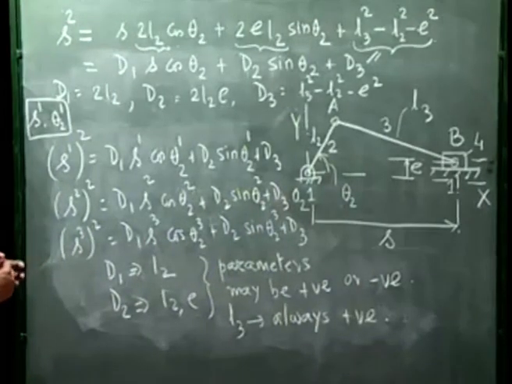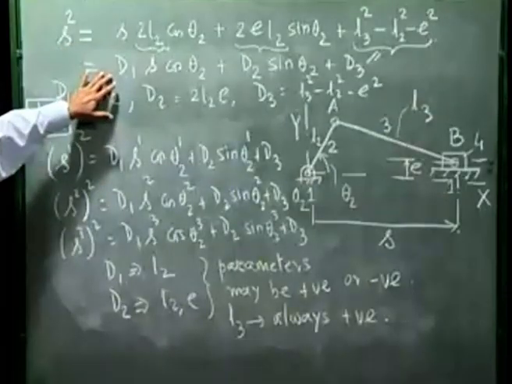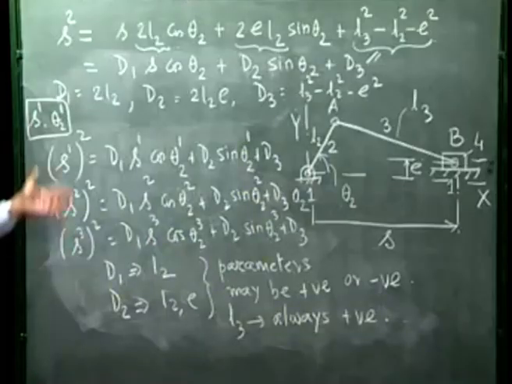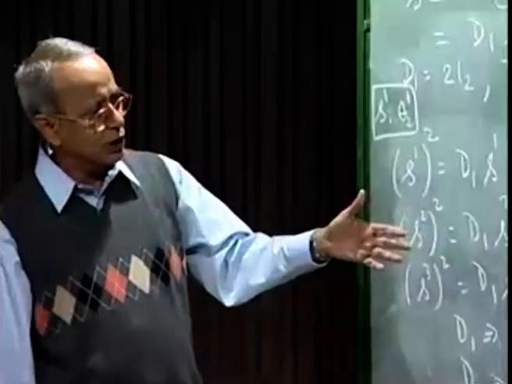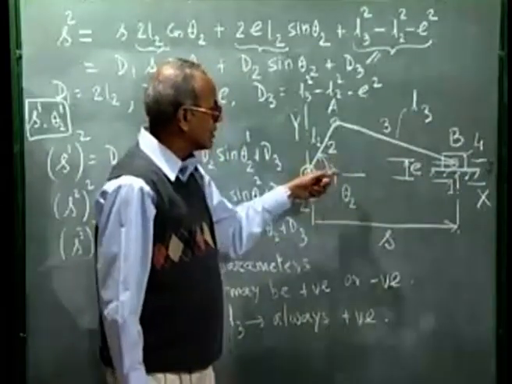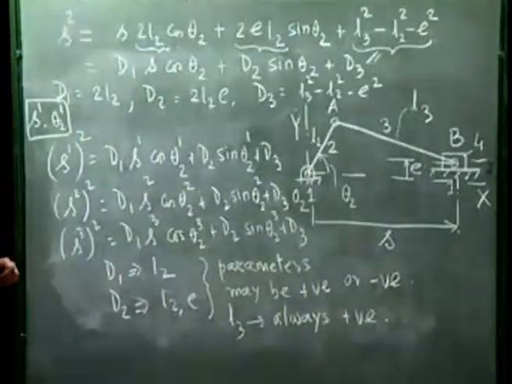Just as in case of the 4 bar, we can use this so-called displacement equation to generate instantaneous kinematic relationships by taking the derivative. That means if we have to coordinate at a particular position the linear velocity of the slider and the angular velocity of the crank, that can be done by differentiating this equation.